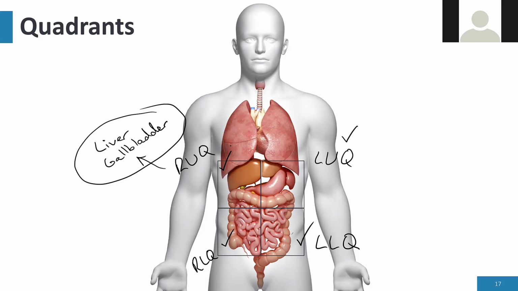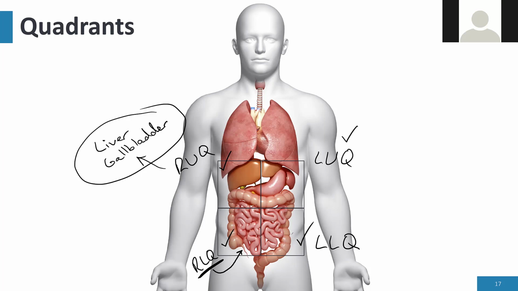Now, other things. Right lower quadrant abdominal pain is the big common presentation for appendicitis, because that's where the appendix is, in that right lower quadrant. Now you can have associated left lower quadrant abdominal pain because of appendicitis for sure, but classically and simplistically, that's where the appendix is.